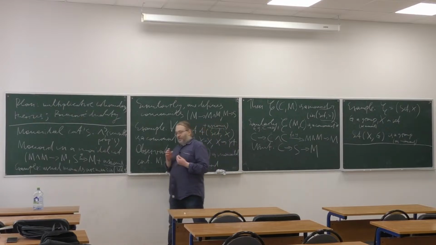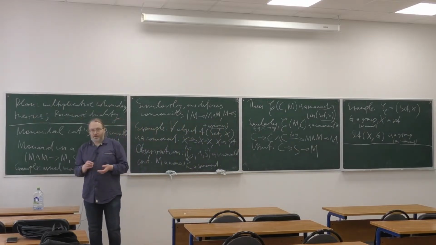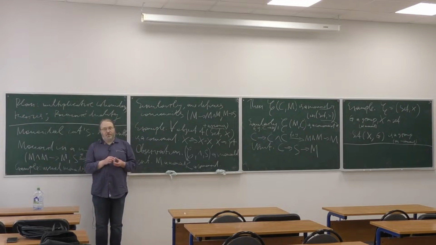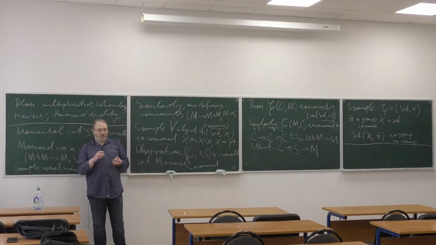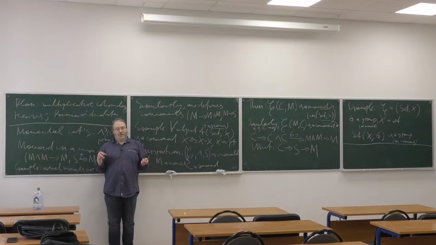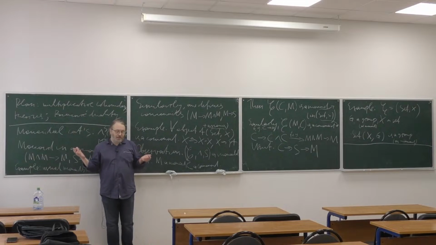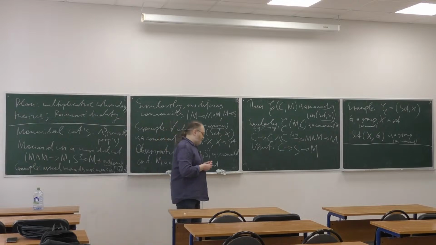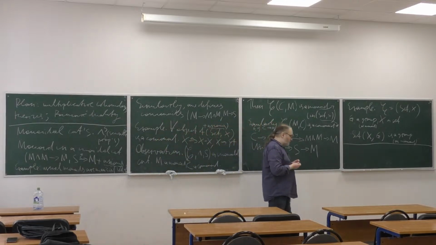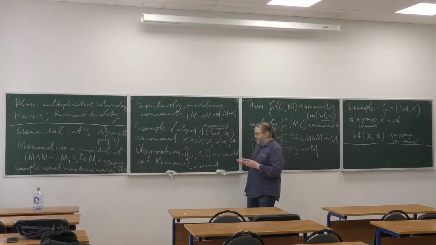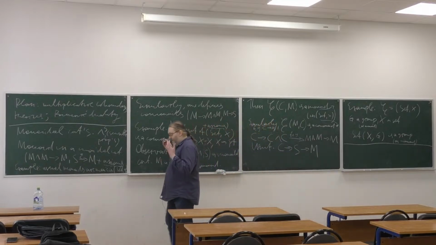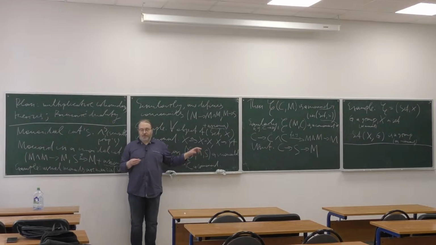I need a map from G to G smash G, which I would then like to compose with the identity smash the inverse to state the axiom for the inverse. Now, unfortunately, I don't have, in general, a sensible map from G to G cross G.